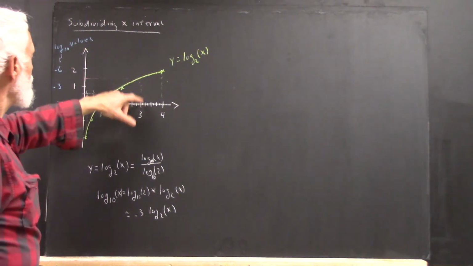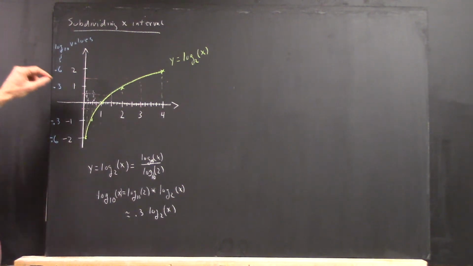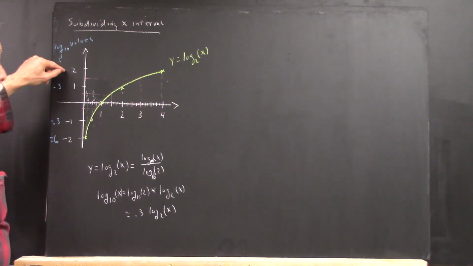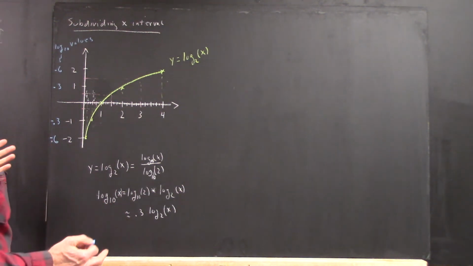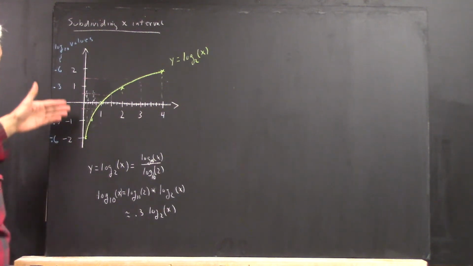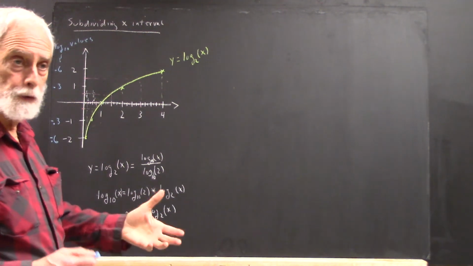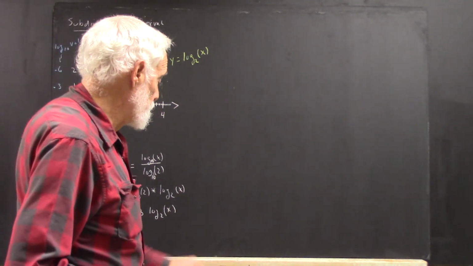Now, this means that the log base 10 of 3 is going to be between 0.3 and 0.6, and probably a little closer to 0.3, maybe about 0.42 or something like that. Okay, so we could estimate our log 10 values from a graph of this nature. Okay, now usually you're going to use your calculator, but you should be able to make these estimates, and that's one thing that I'm going to ask you to do in the problems.